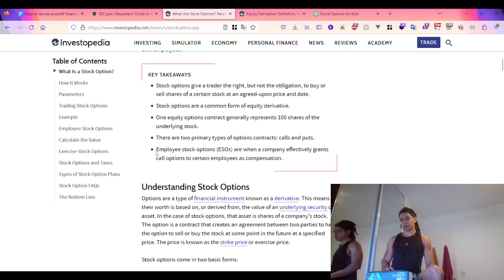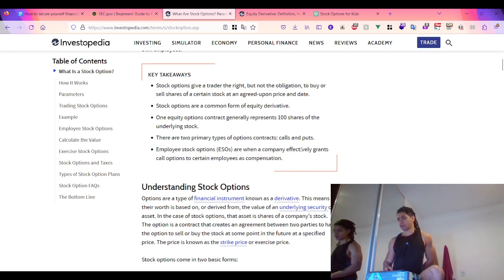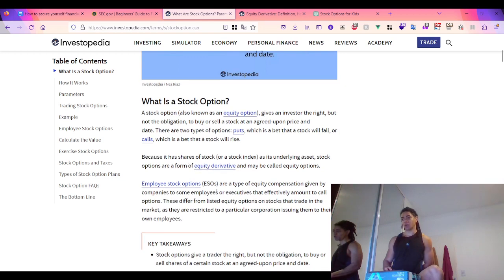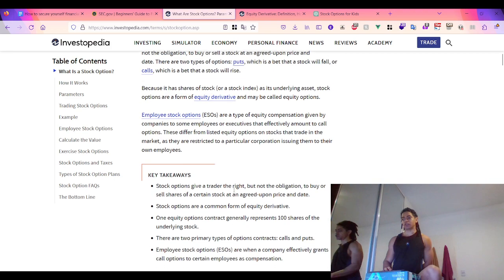A call is a bet that the stock will rise, and a put is a bet that the stock will fall.